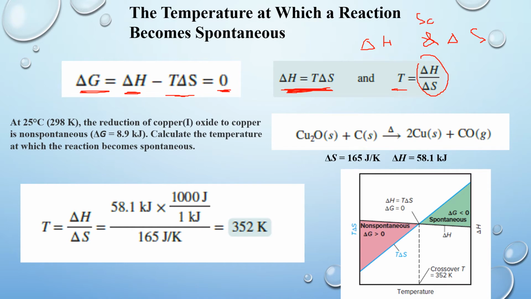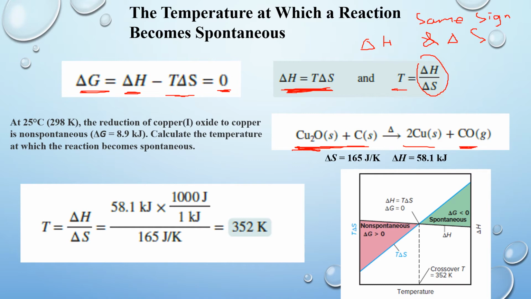So, both positive or both negative, we can calculate the temperature at which this reaction becomes spontaneous or not, using this equation. For example, look at this chemical reaction: copper(I) oxide reacts with carbon to give elemental copper and carbon monoxide.